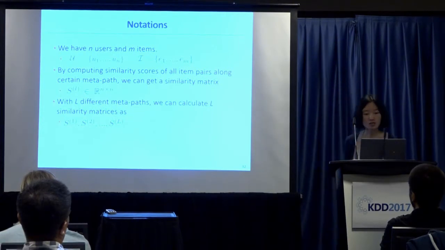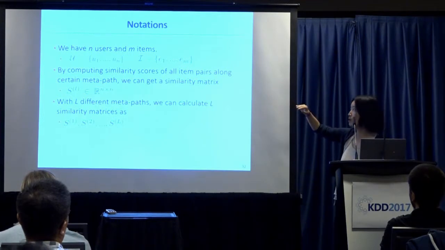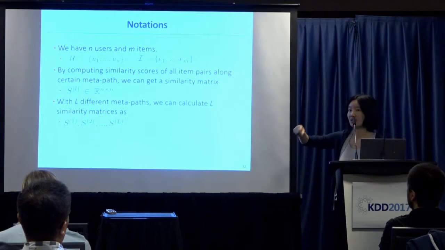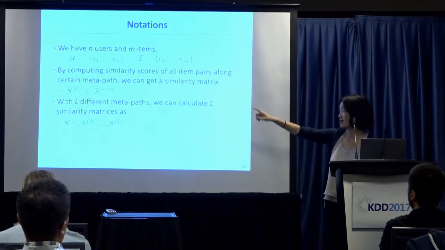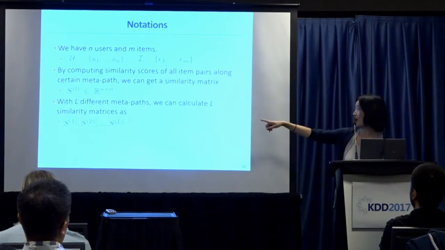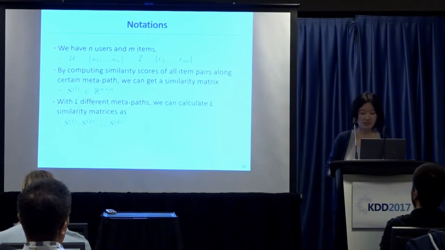Essentially we have users and items, and suppose we fix some meta paths, then based on that meta path, we can determine the similarity between two movies, which is called S_L. And suppose we have a length constraint, then we can enumerate all the length 2 meta paths. Suppose it's L, okay? Then we'll have L different similarity matrices between movies.